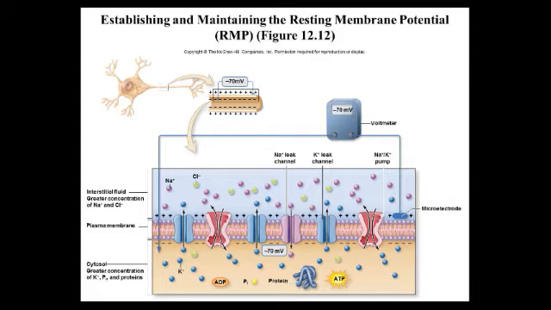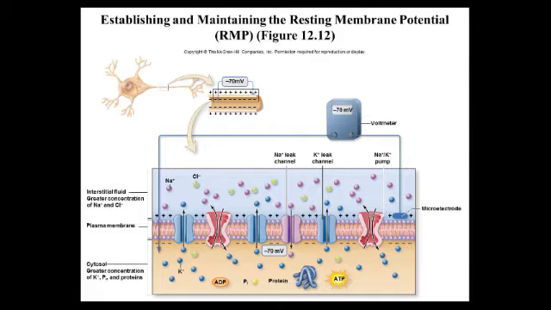And what did we call that? Summation. When one cell fires rapidly, that was temporal summation. But what if a whole bunch of them fired all at the same time? Spatial summation. Remember that?